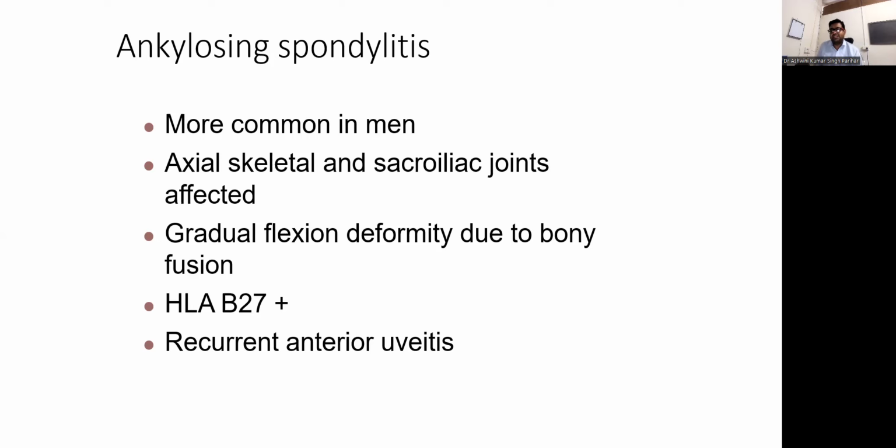The affection in the eye is that the patient will present with recurrent anterior uveitis. He will have recurrent episodes of uveitis over time, and the patient will keep on coming. You have to keep the patient under observation along with the other management which will be going on. Their management is also a bit different from normal anterior uveitis.